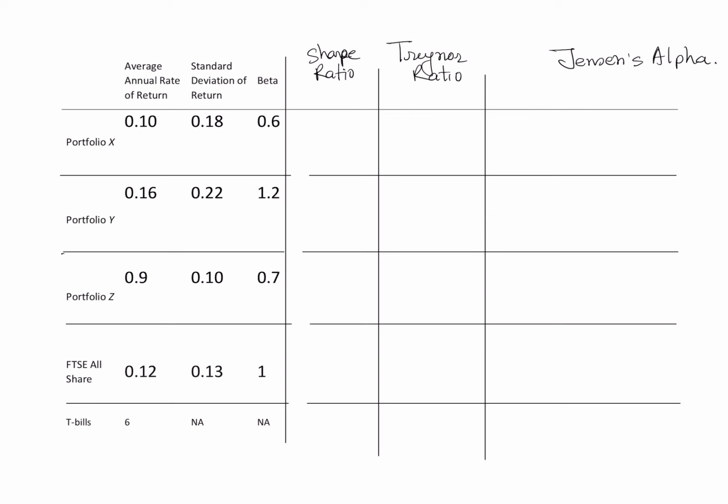So what formula do we have? We've got (Rp minus Rf) divided by sigma. This is Rp because we're looking into a portfolio. So this is the Sharpe ratio measure.